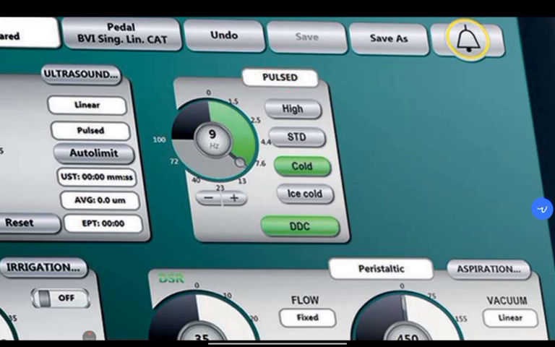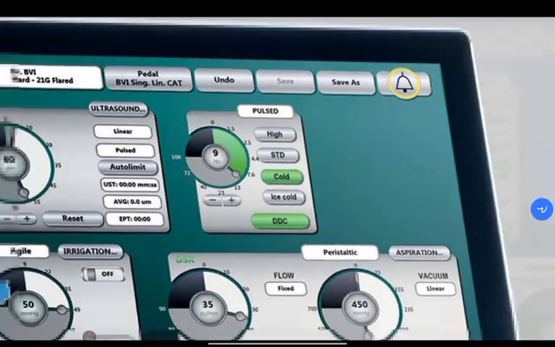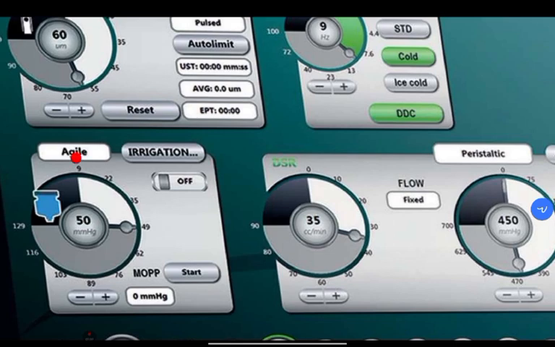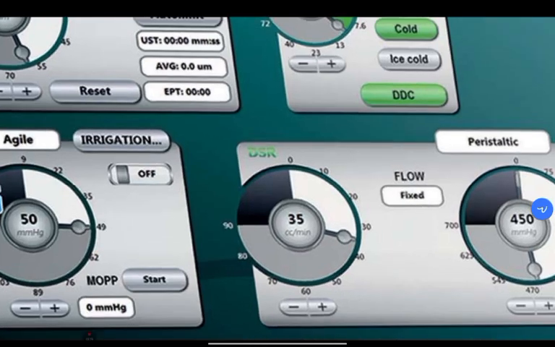In this mode we have the categories high, STD, cold, ice cold, and next we have the agile irrigation mode. You can see, friends, the display panel, how it looks like.